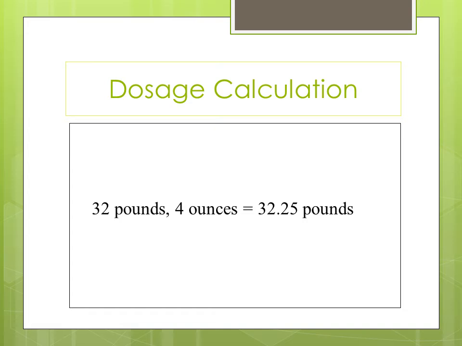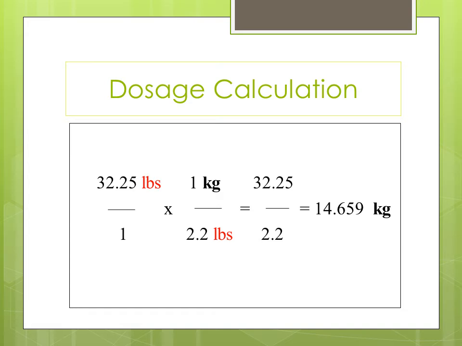32 pounds 4 ounces equals 32 and 25 hundredths pounds. Now we can set up our math problems starting with the child's weight in pounds. 32.25 pounds is placed over 1 to create a fraction. Then we multiply that by 1 to get a value that matches the original number, just with a different indicator of measurement. The fraction that equals 1 is 1 kilogram over 2.2 pounds.